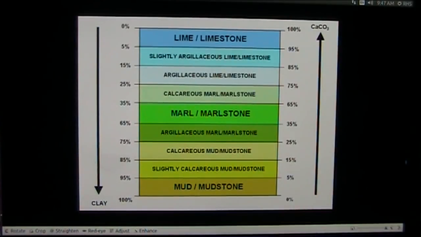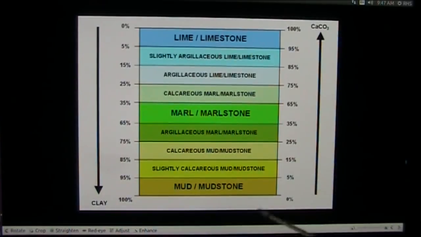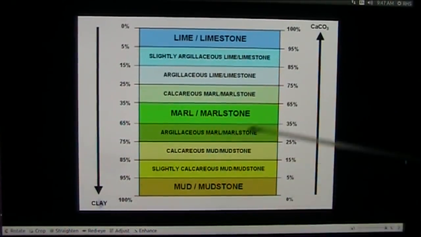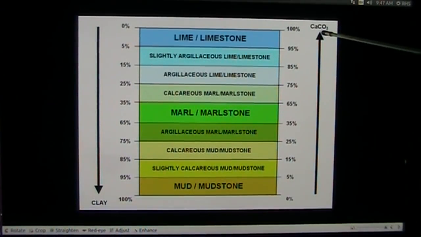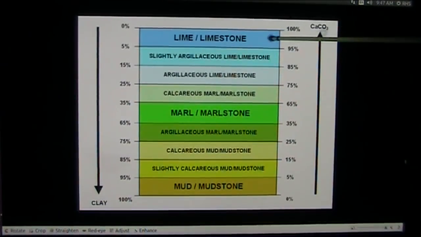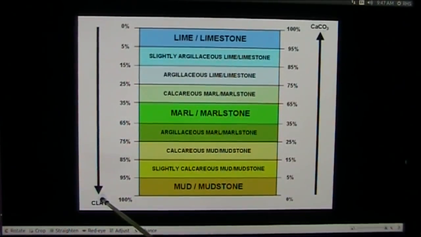All right, Exhibit B. You see this clay down at the bottom? Calcium carbonates at the top, CaCO3, the limestone. The more clay you have down here, mud and mudstone, which is the flesh, which is the outside, it's your muscles and things.